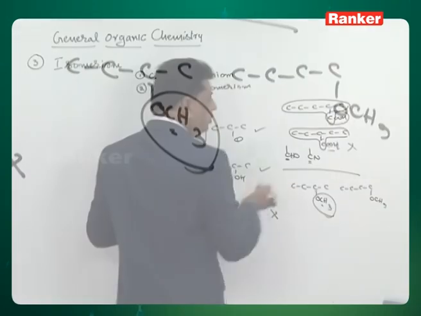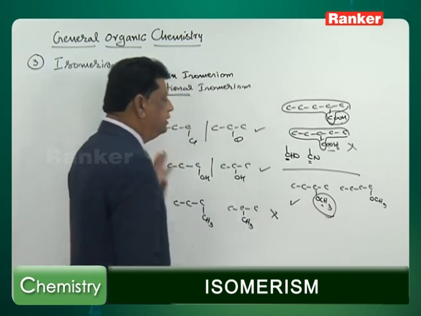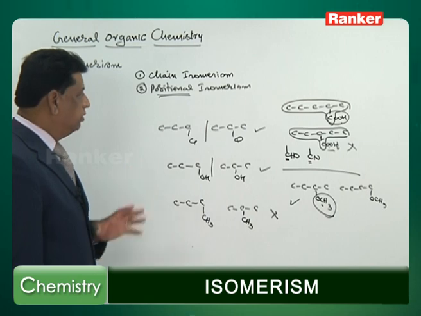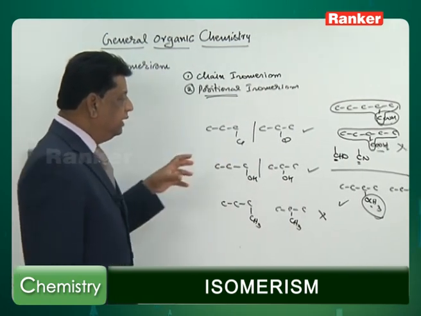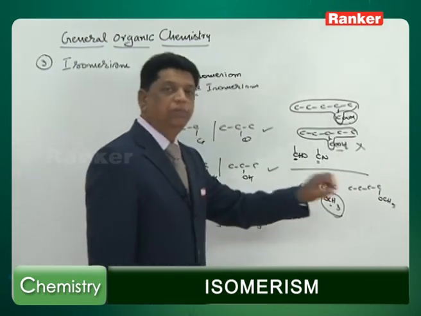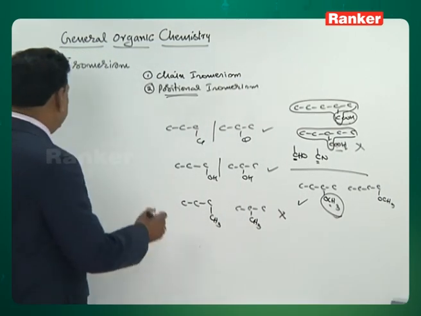This carbon will not go into the main skeleton, so it is allowed. 1-methoxy and 2-methoxybutane are positional isomers. The functional group is sliding on the main chain. The main chain is the same, n-butane, with a methoxy group.